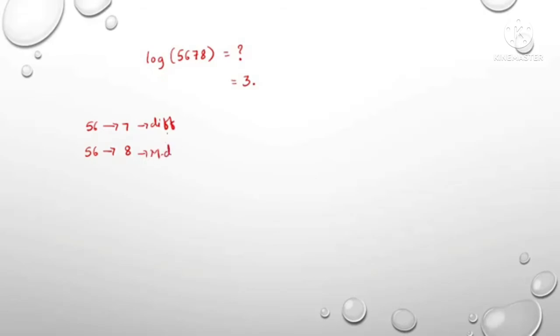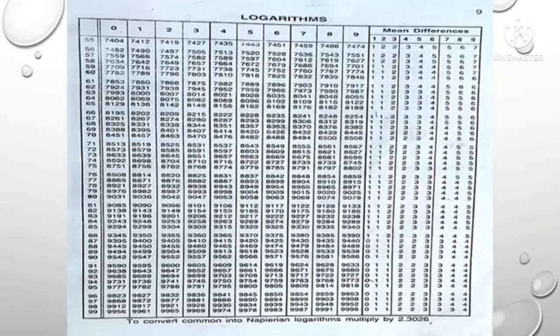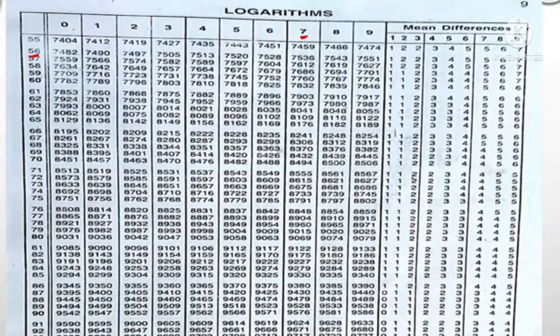Now again we can go to the log table. So the value is 56 at 7. 56 is here. Can you see this number? 56 we have to observe at difference 7.